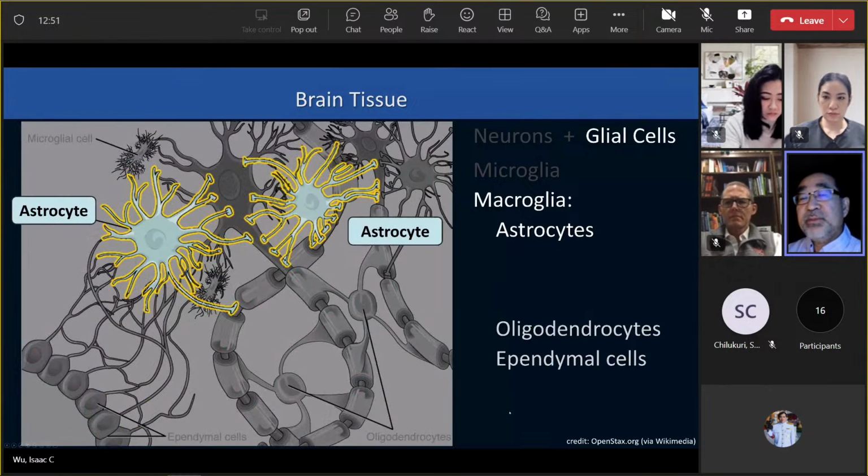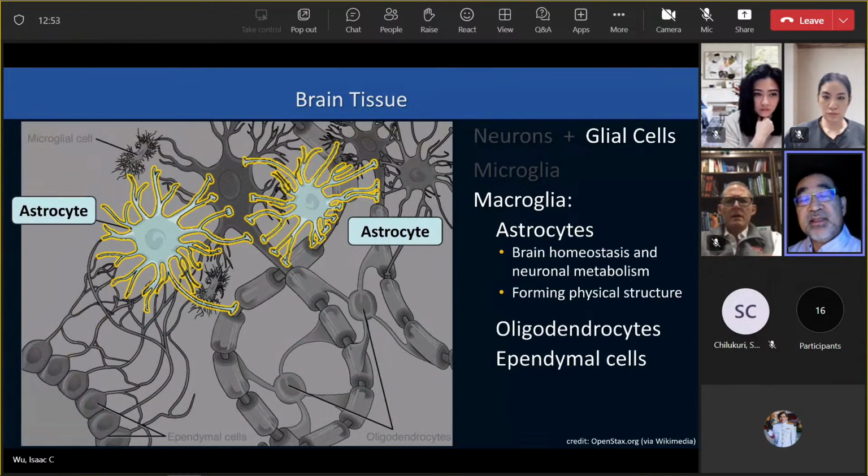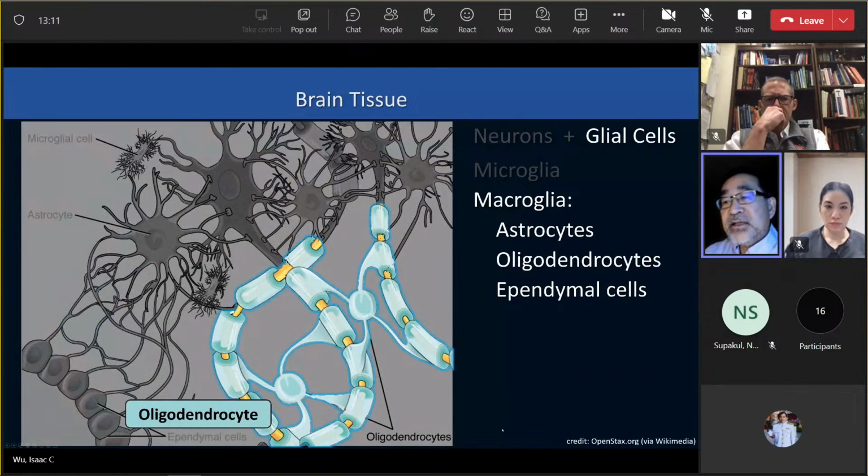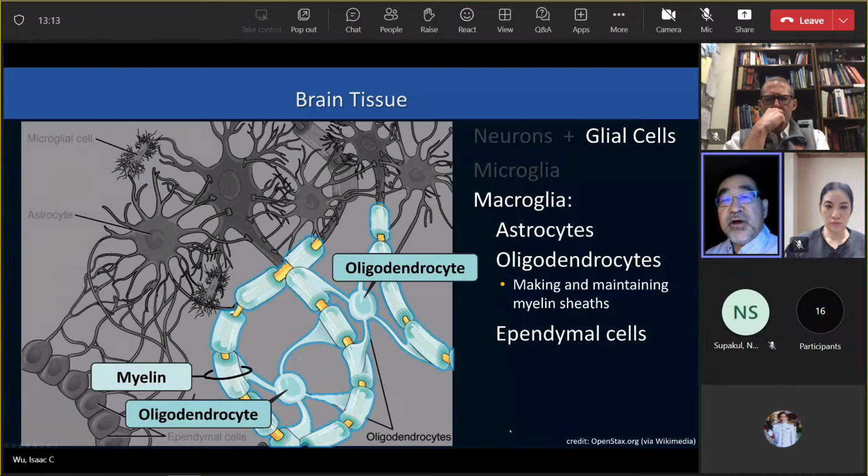As in this diagram, you have astrocytes that, again, in the past we thought were mostly just there to provide a physical structure for neurons, but they're much more important than that. Of course, they still provide the physical structure for neurons, but they hold a bunch of important functions as well. And the oligodendrocyte, as you know, is an important one that helps make as well as maintain the myelin sheath.